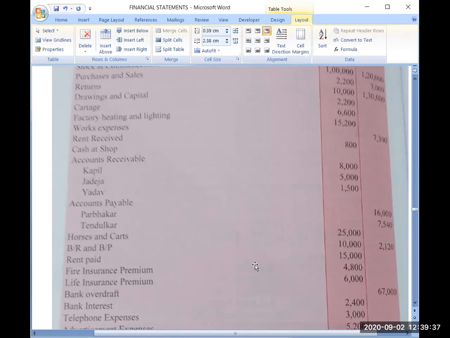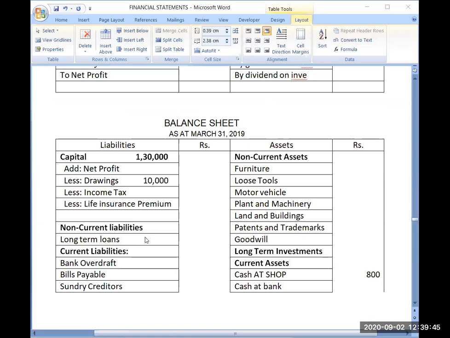So it will be 23,540. So accounts payable is your creditors. We will be writing the same term as given in the question. Accounts payable, 23,500.